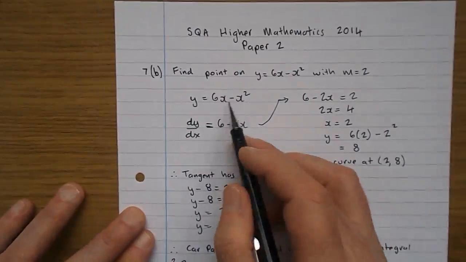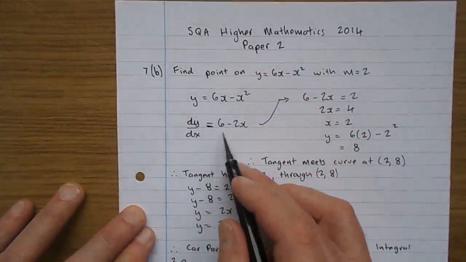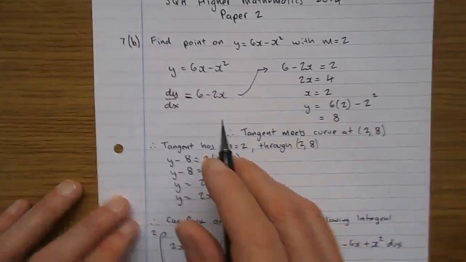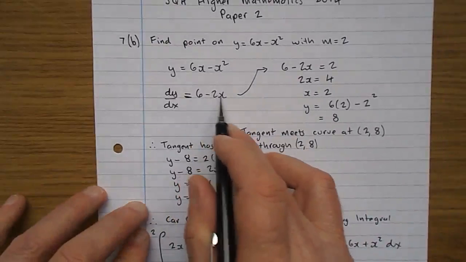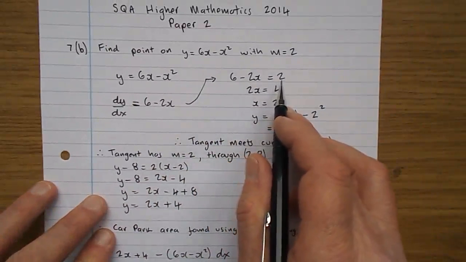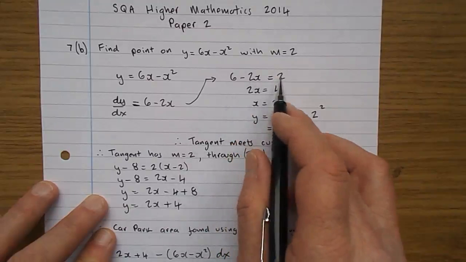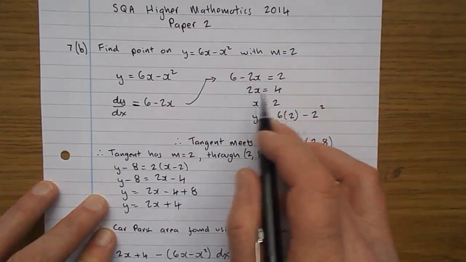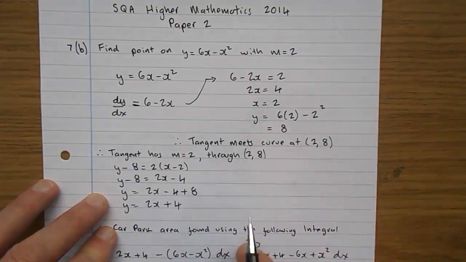So we have y equals 6x take x squared as the equation of the parabola. Differentiate that and you get 6 take 2x. Now that of course is a formula for the gradient of the parabola at any x point along it. We want to know when it's equal to 2, so this is quite simple. 6 take 2x is 2. 6 take away what gives 2? Of course 2x has to be 4. 6 take 4 gives 2. 2x gives 4, so x is 2.